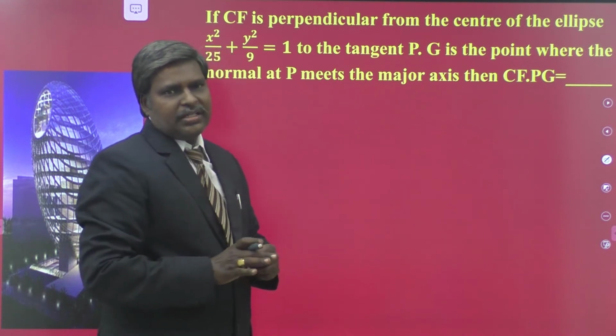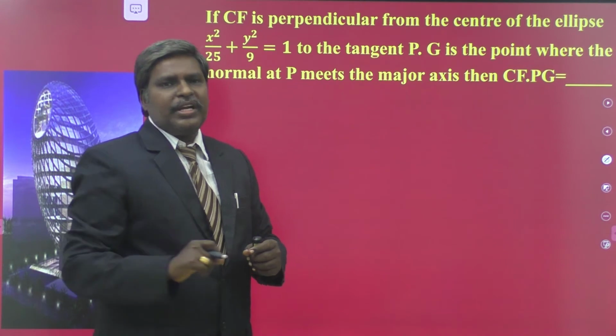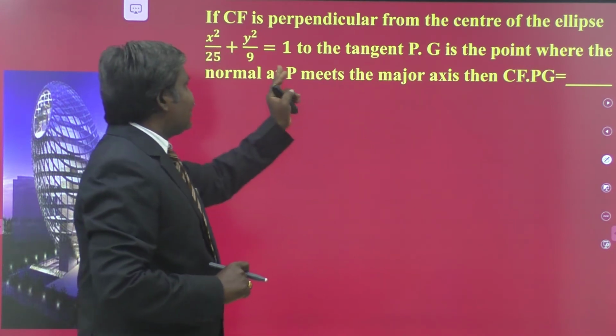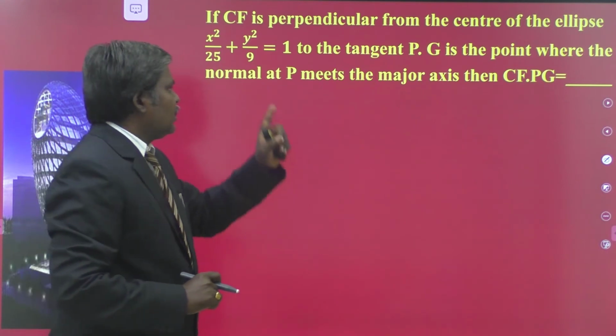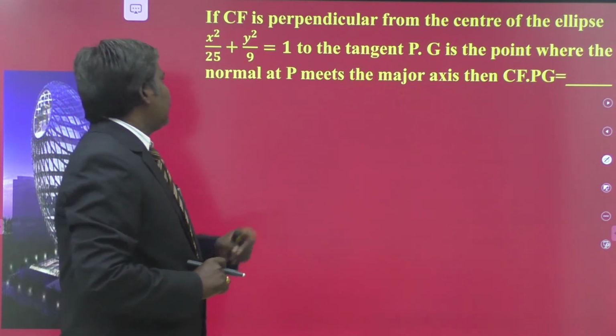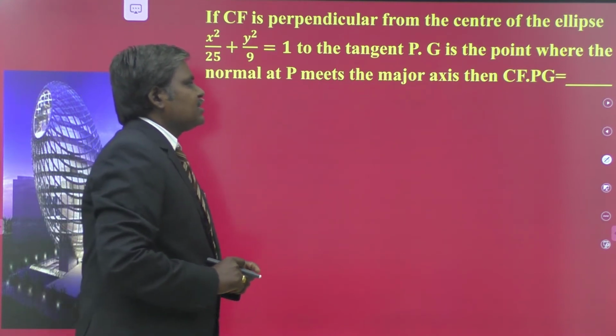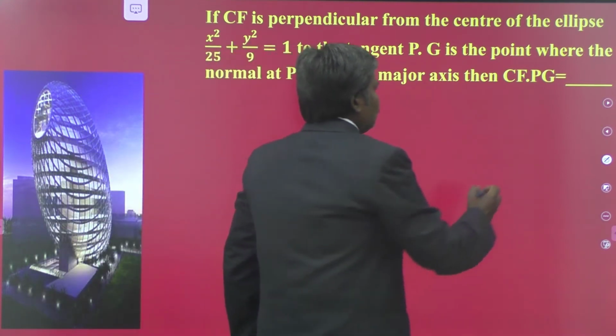P is any point. You draw the tangent at that point P, then draw the perpendicular from C to that tangent, that is CF. Understand? Next, G is the point where the normal at P meets the major axis. Then CF into PG is what? This is the question.